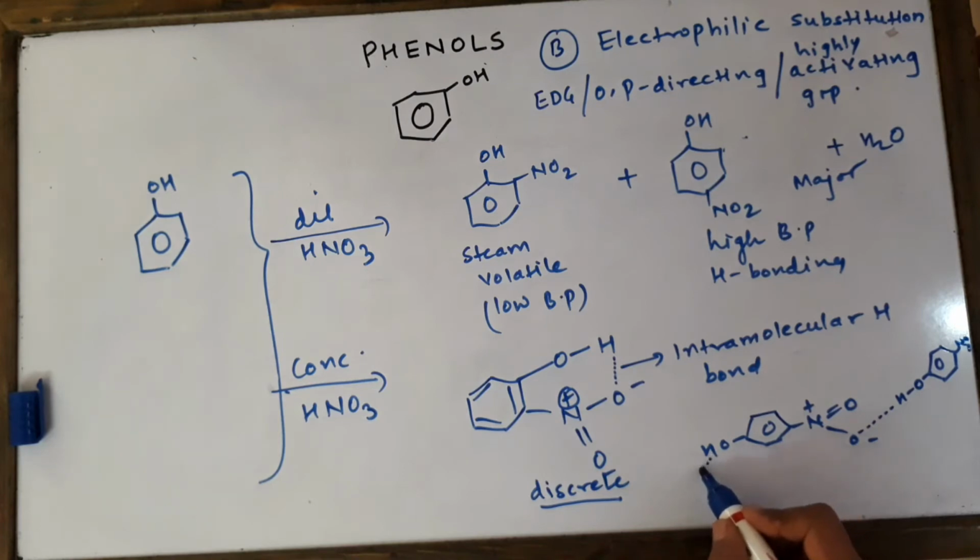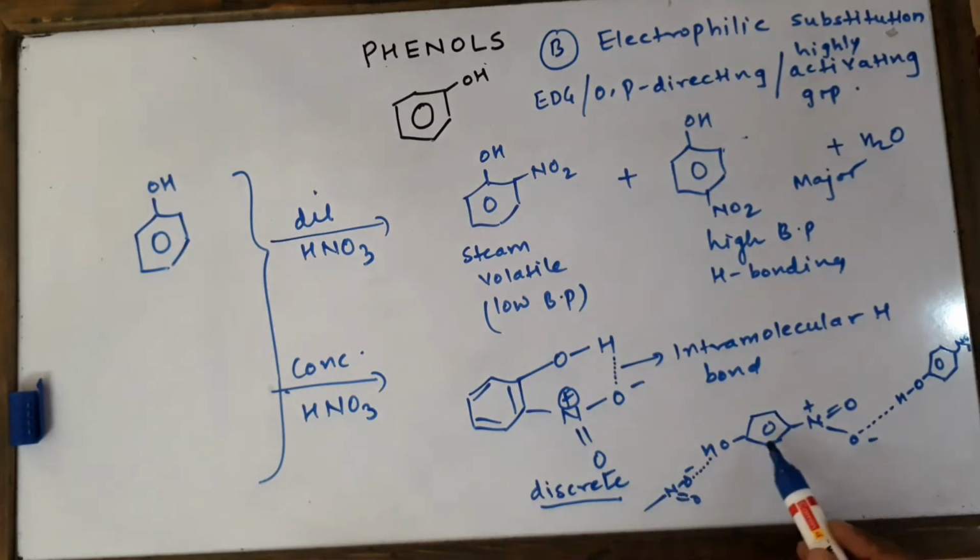Similarly, this hydrogen will start searching for another nitro group from another molecule of paranitrophenol. So the paranitrophenol molecule is not single, it is not alone, it is not discrete. It is connected with two different molecules on either side via intermolecular hydrogen bonding.